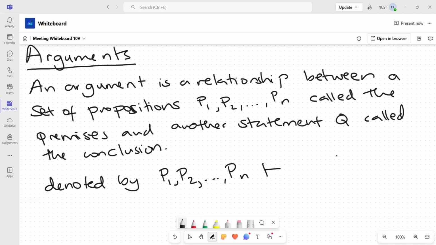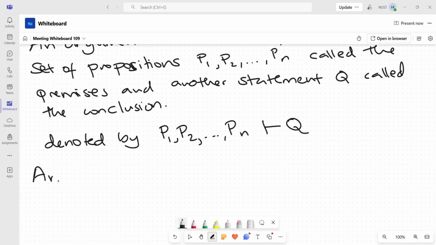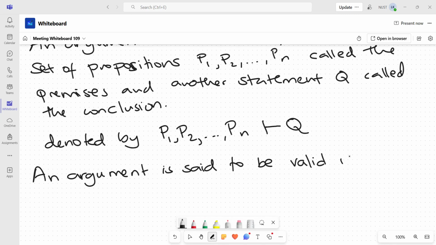And then we have the symbol here with the conclusion Q. And then we say that our argument is said to be valid if the premises yield the conclusion.